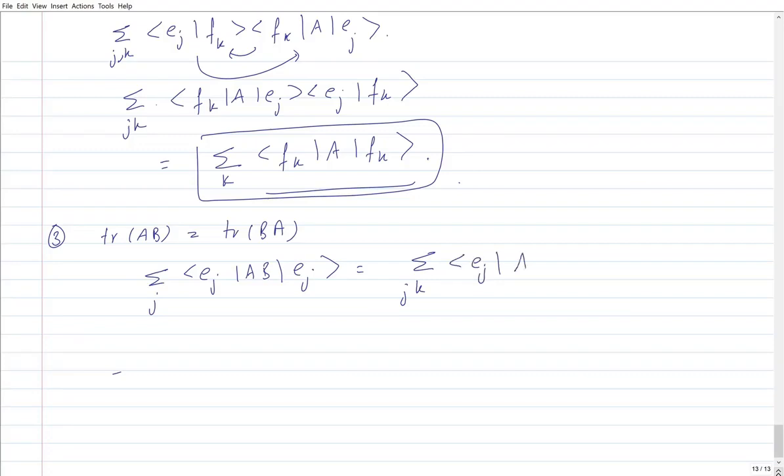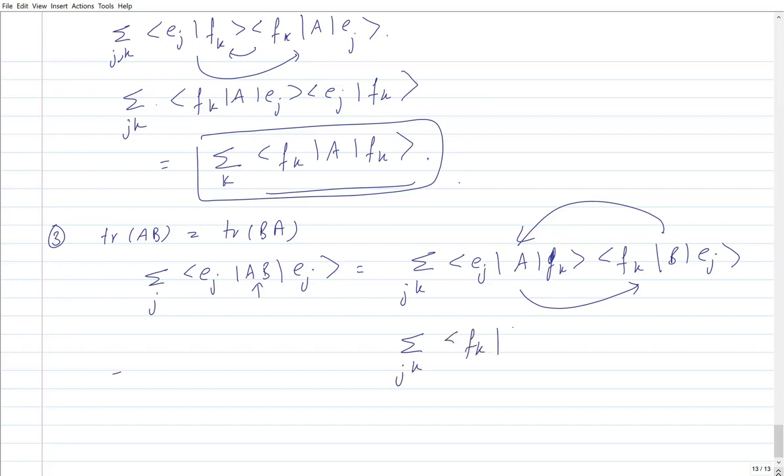e_j, A, let me stick an identity over here. So I get f_k, f_k, B, e_j, and then I swap these two. These are just numbers, which gives me f_k, B, e_j, e_j, A, f_k.